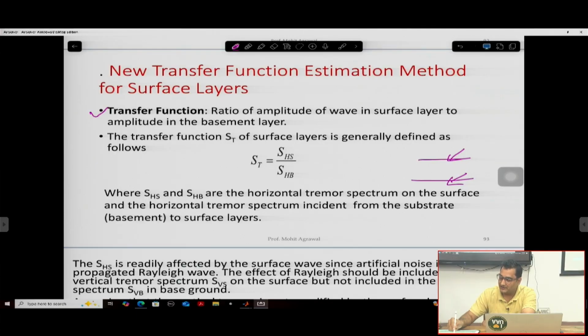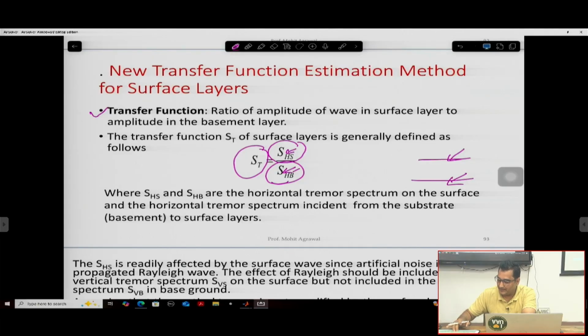So that is represented by ST. This is what is written: the spectrum ratio of the spectrum at the surface for the horizontal component, and this is the spectrum at the basement due to the horizontal component.